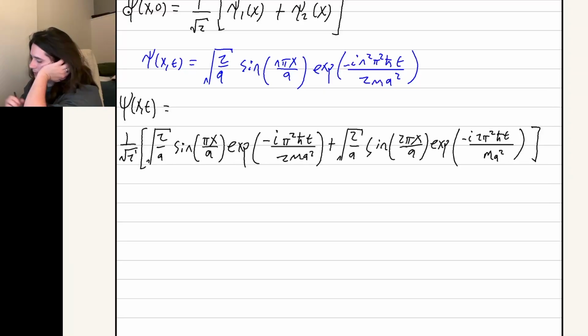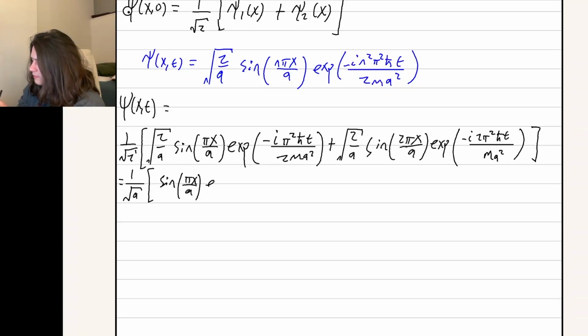That's all cool, but we can simplify it even more. So factoring out the root 2, those will cancel out with the normalization factor, but also factoring out a root 1 over a. We'll write the simplest form that we can get for just the complete wave function.